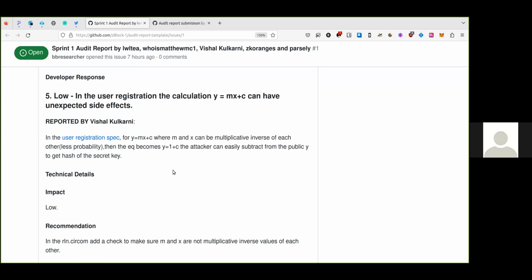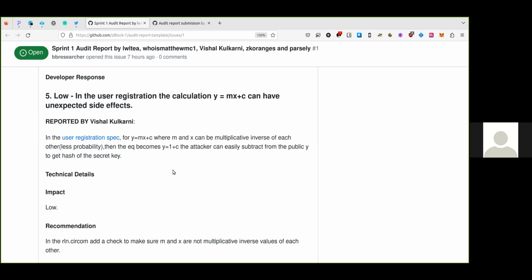But the probability that M and X are multiplicative inverses, you can play with selecting X randomly, no, you can really play with X though. X can be controlled by the user, no? But why would the user want to reveal his own secret key?